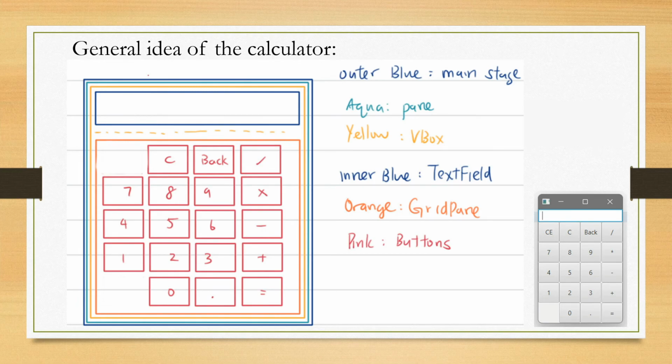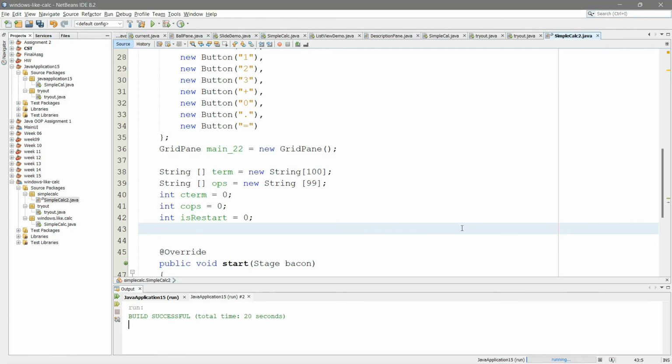But we're not going to tolerate that kind of behavior in our calculator. 9 plus minus 8 should simply be 9 minus 8. So what we are going to do is need a string that stores the value of the last insert, and it's going to be an empty string at first.